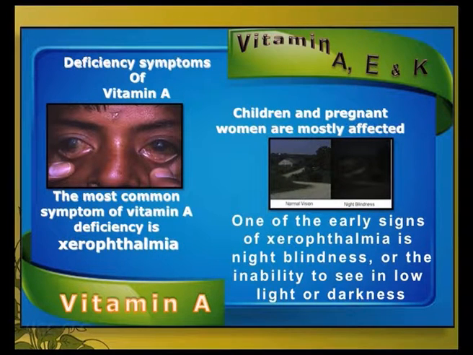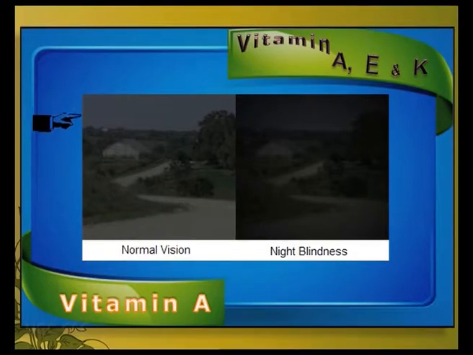Children and pregnant women are especially susceptible to vitamin A deficiency, and the early symptom of xerophthalmia is night blindness, where an individual has a problem seeing in low light. A photograph is shown which is for the normal vision, and the photograph next to it is what one sees when he or she suffers from night blindness.